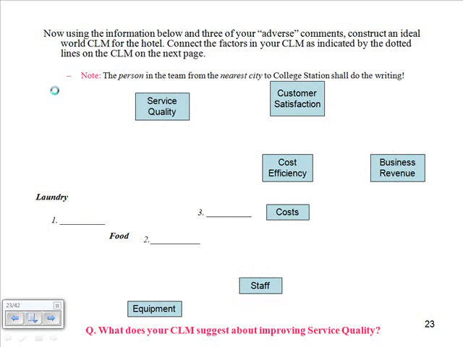So we're going to construct a causal loop model about the hotel. It's going to look at the equipment, the staff, the costs, cost efficiency, business revenue, customer satisfaction, and service quality. And the person who's going to be writing now is going to be the person in the team from the nearest city to College Station. Okay?